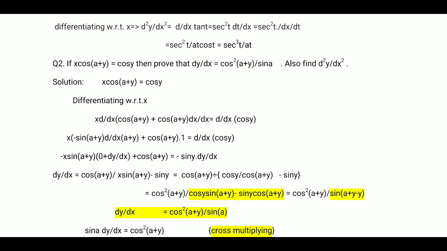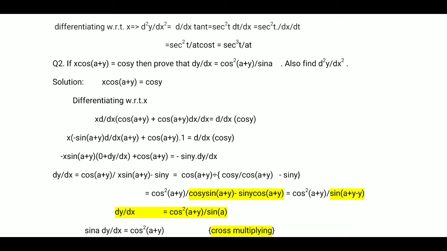Question number 2. If x cos(a plus y) is equal to cos y, then prove that dy upon dx is equal to cos square(a plus y) upon sin a. Also find d2y upon dx2. So we have x cos(a plus y) is equal to cos y.